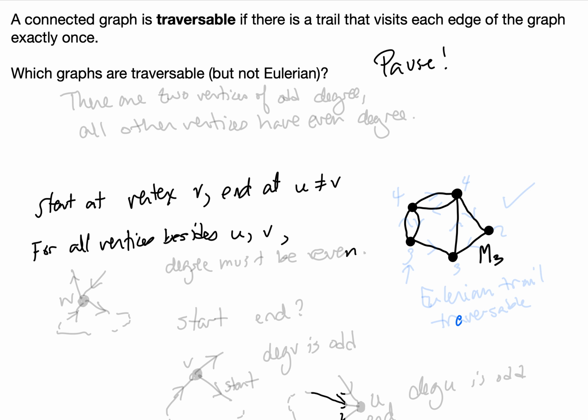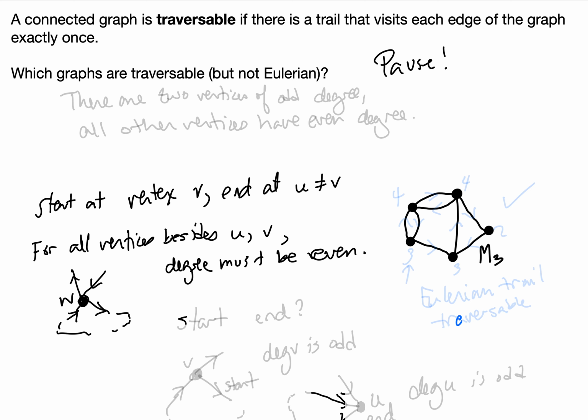So if we have some other vertex W that's not at the beginning or the end, then it still must be the case that we visit each edge exactly once. So again, for every in, there is an out. So for all vertices besides U and V, the degree must be even.